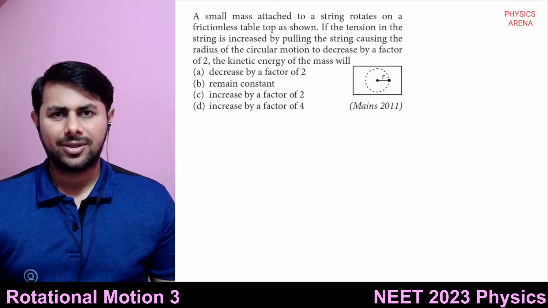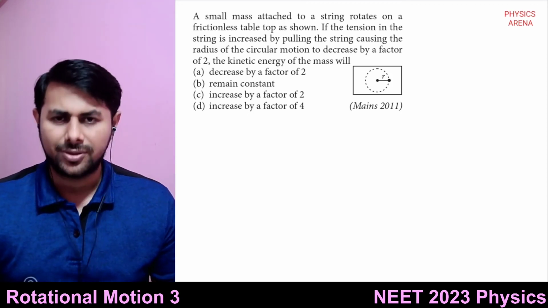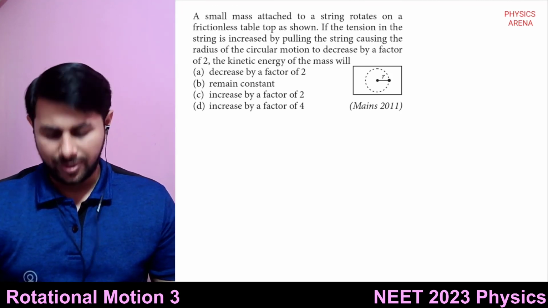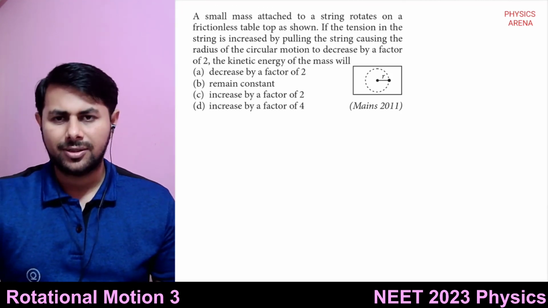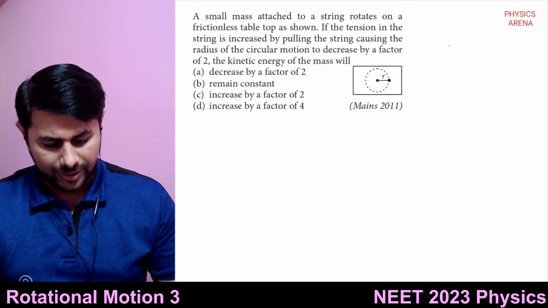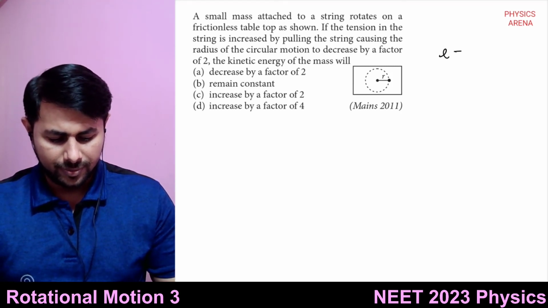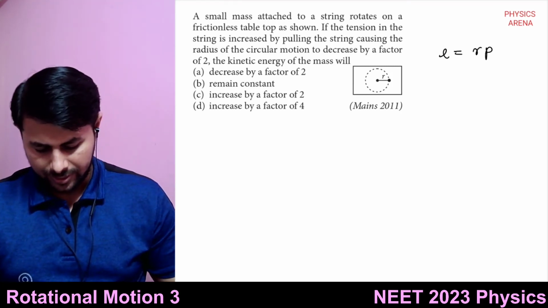So that means there is no torque. R bar cross F bar will be equal to 0. So if there is no torque, what will remain constant? Angular momentum will remain constant. So what is angular momentum? That is equal to R into P.